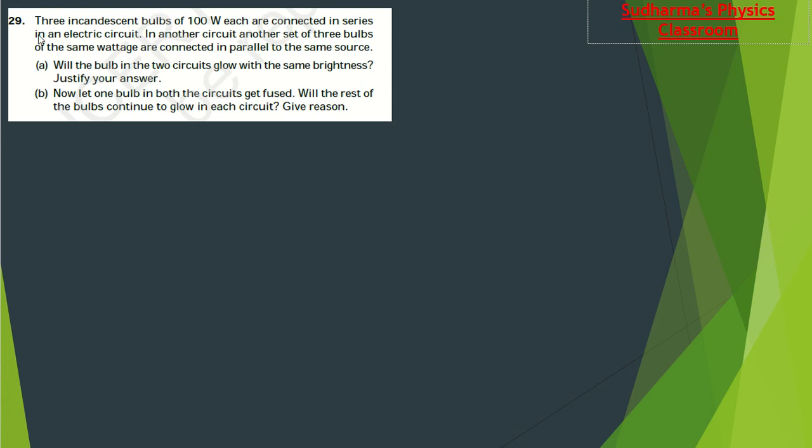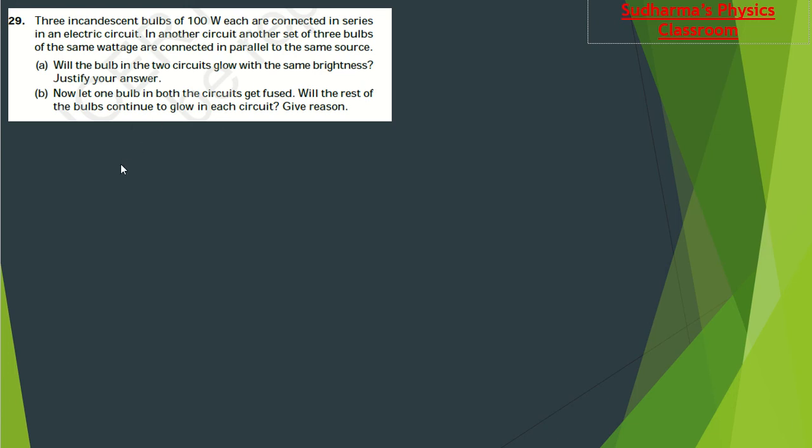Okay. So 3 incandescent bulbs of 100 watt each are connected in series in an electric circuit. In another circuit, another set of 3 bulbs of the same voltage are connected in parallel to the same source. Which bulb in the two circuits glow with the same brightness? Justify your answer.